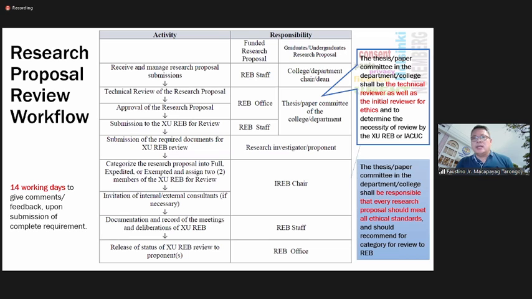No, so we are going to equip your advisors and even all faculty members who will be sitting as technical panel to have the capability of assessing the ethical considerations, so that the ethical considerations are already almost complied with, even at the level of the department technical panel. So once you submit it to the REO, there are going to be minimal revisions asked of you, and then the process will be expedited.